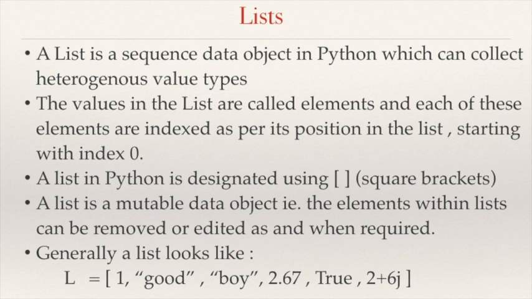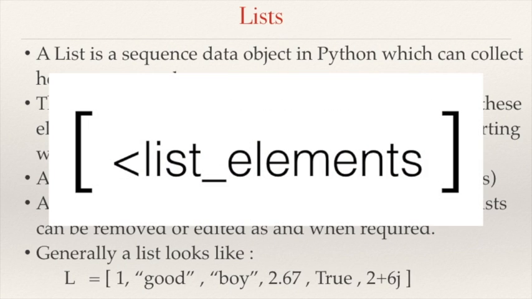The index number of the first element in lists starts at 0 and goes up to n minus 1, or reversely, it may start from -1 and go up to -n, where n is the total number of elements in the list. A list collection is enclosed within square brackets, and the elements within the list are separated by commas.